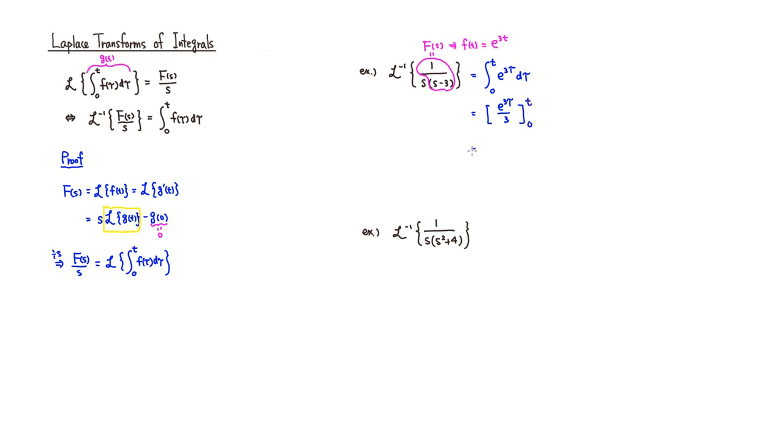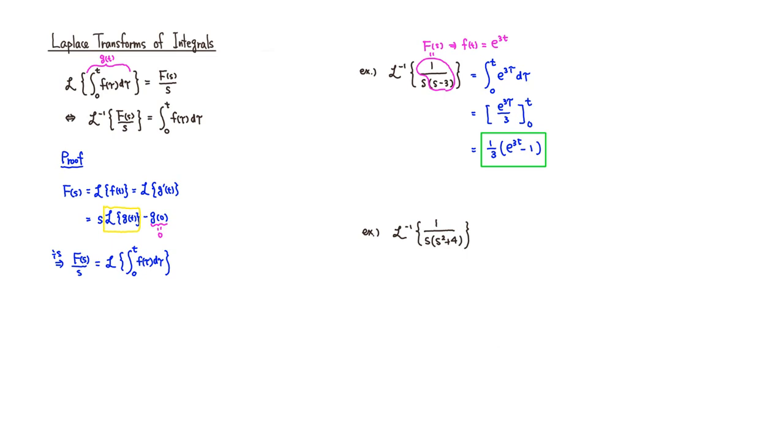Then we can put the 1/3 outside. Plug in t, you get e to the 3t, minus plug in 0, e to the 0 is 1. So you can see that we found the inverse Laplace transform by taking the antiderivative.